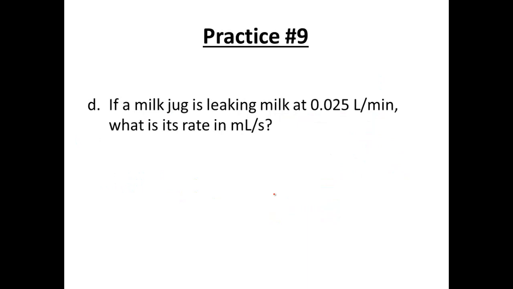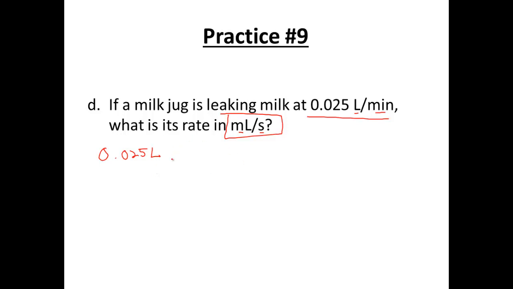Our last problem for today: if a jug of milk is leaking at 0.025 liters per minute, what is this rate in milliliters per second? So we're changing from liters to milliliters and seconds from minutes. So our starting point, what we're given, 0.025 liters.